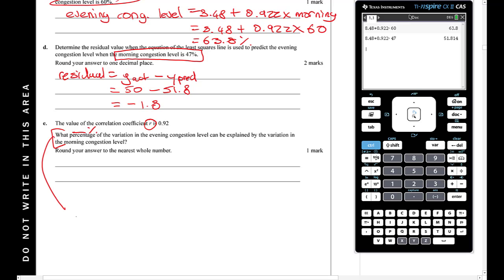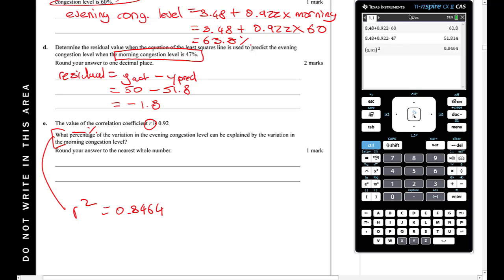So what this is asking for is R squared. I put 0.92, square it and press enter, and I see an R squared of 0.8464.